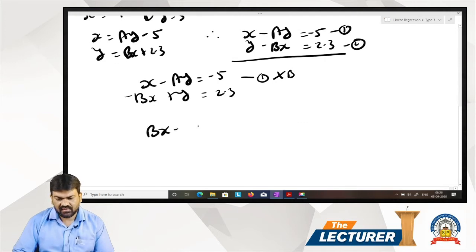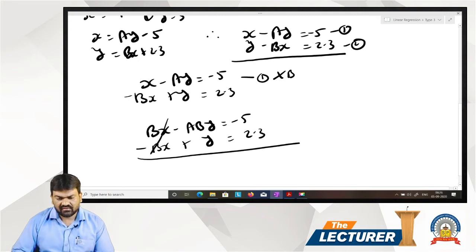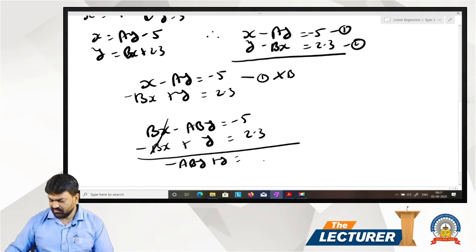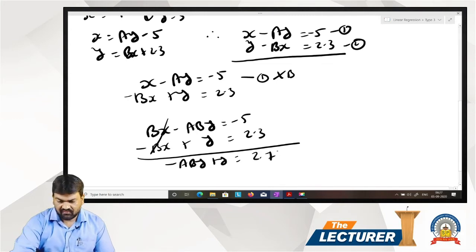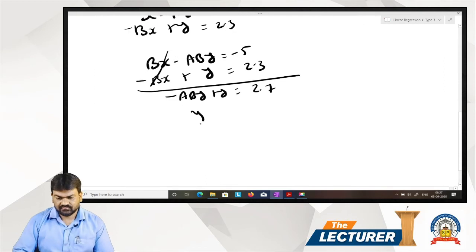So bx minus aby is equal to minus 5, minus bx plus y is equal to 2.3. bx cancels. Minus aby plus y is equal to minus 5 minus 2.3, minus 7.3. Take y common. Y common. (1 minus ab) y is equal to minus 7.3.